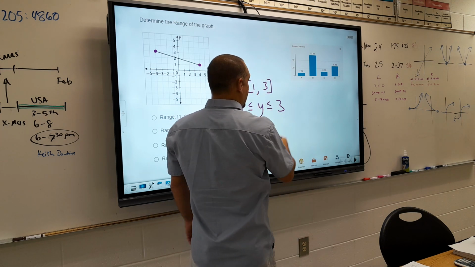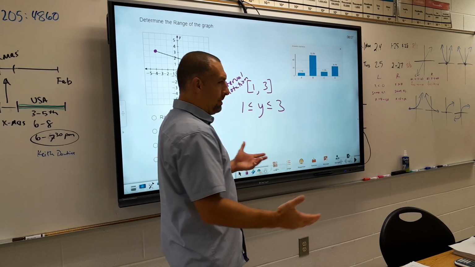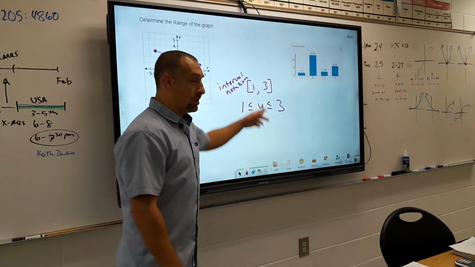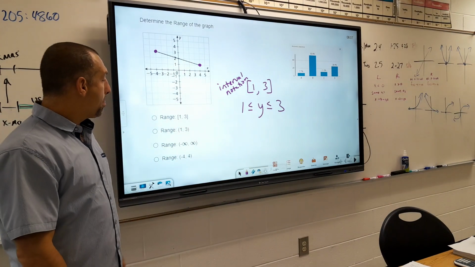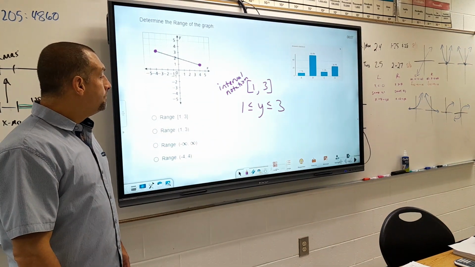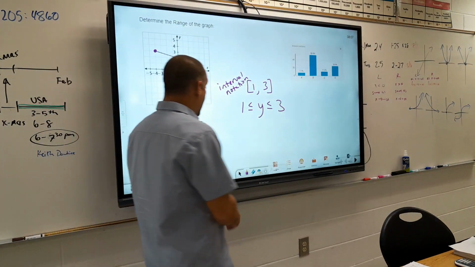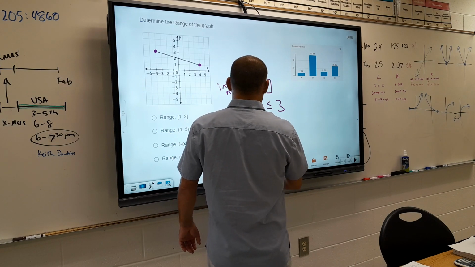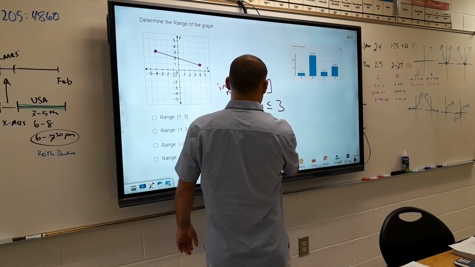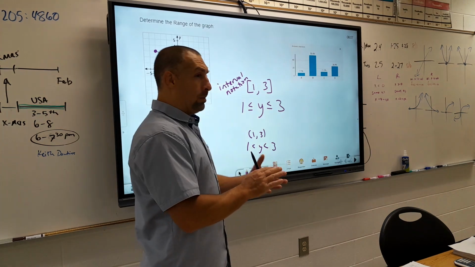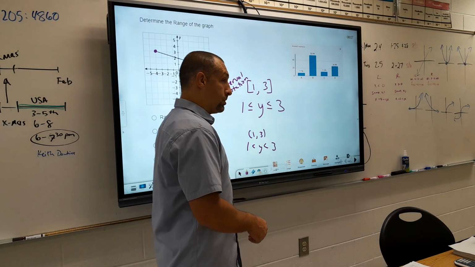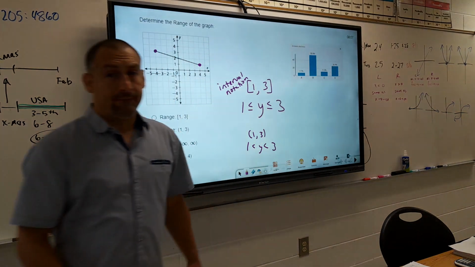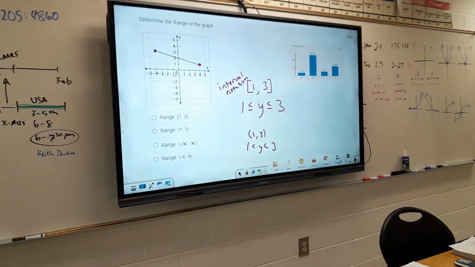And this is just the inequality of the same. It means the same thing. It's just more concise. If it had been 1 is less than y is less than 3, then you could say (1, 3), because it's everything between 1 and 3, but not actually including those two. All right, that's kind of a big vocab deal there.